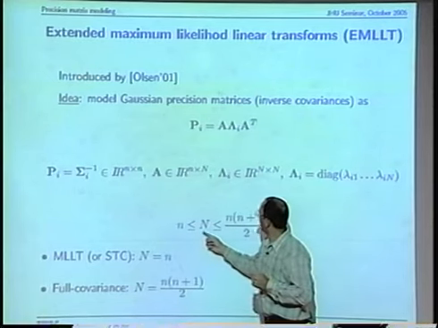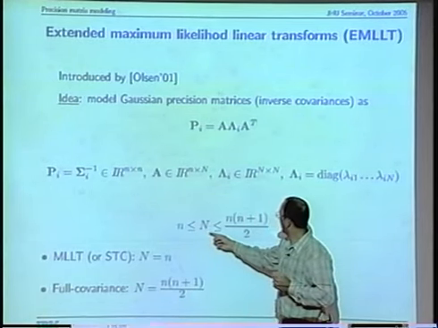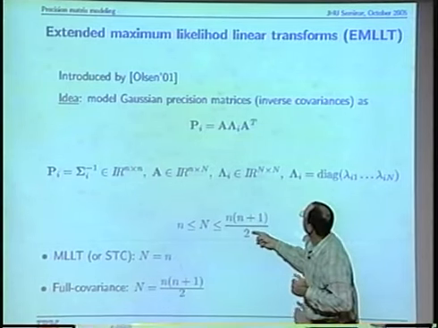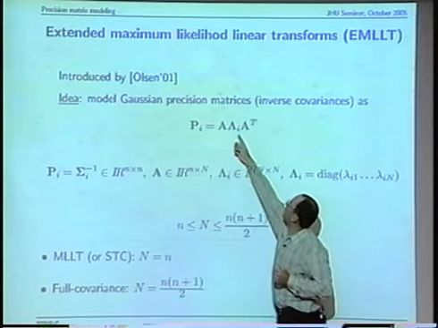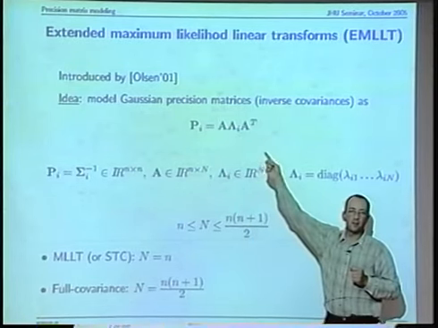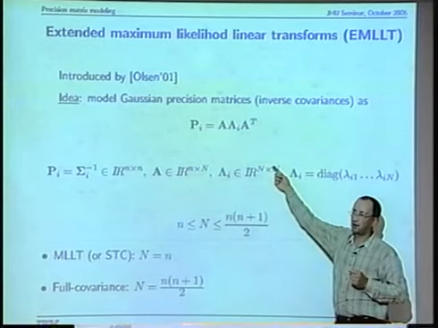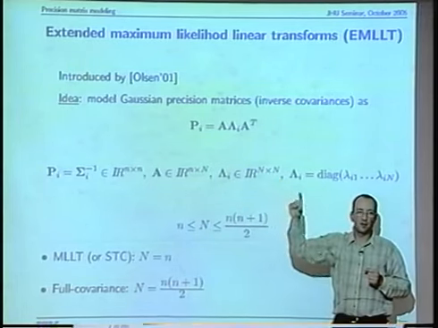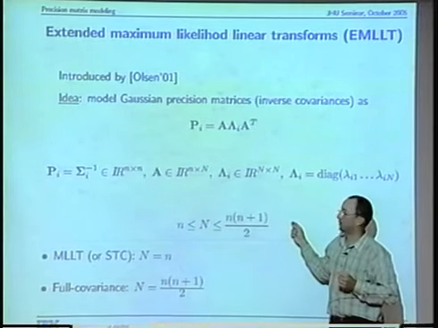The other extreme is when capital N reaches this bound here, n times n plus 1 divided by 2, meaning that the number of diagonal entries in lambda I is the same as the number of full covariance entries, or the number of free parameters is the same as the number of full covariance matrix.